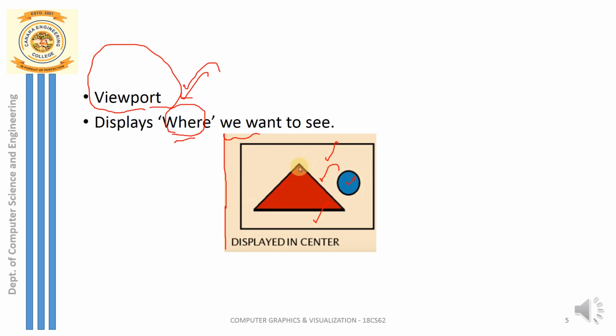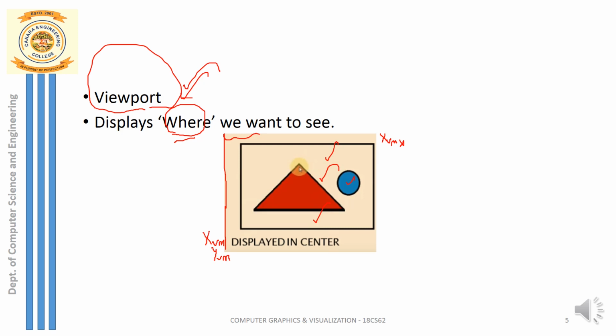This also has a boundary, and that boundary I can take as XV, where V stands for viewport: XV minimum, YV minimum, and the upper limit given by XV maximum and YV maximum. That is the boundary of the viewport.